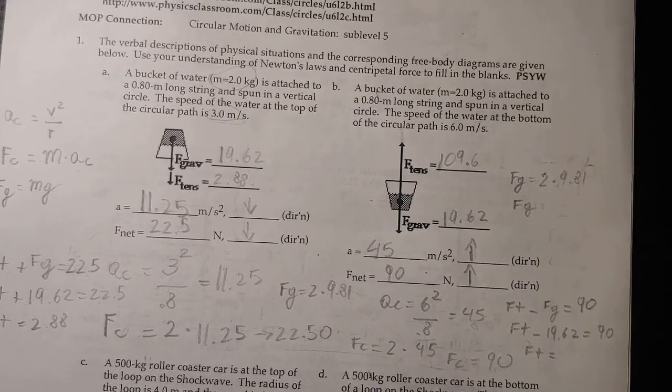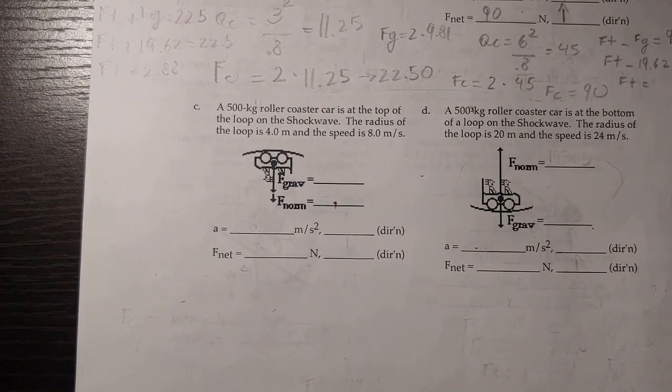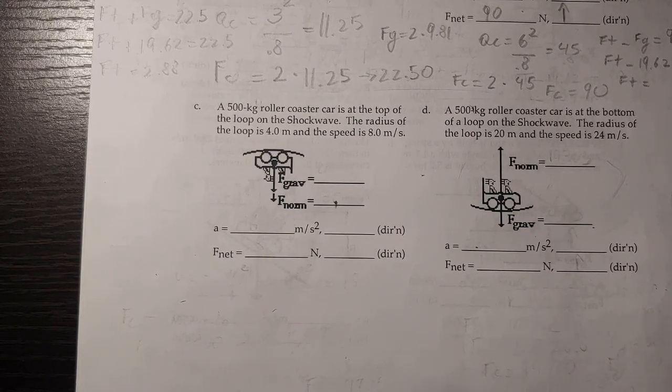Okay, so now let's go to question C. A 500 kilogram roller coaster car is at the top of the loop on the shock wave. The radius of the loop is 4 meters and the speed is 8 meters per second. Okay, so this is a very similar problem. What changes is just that the roller coaster is just like a bucket, but a bucket with people, not with water.